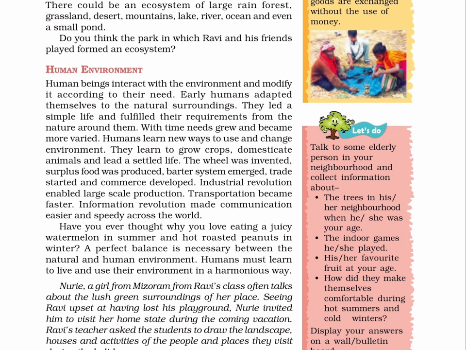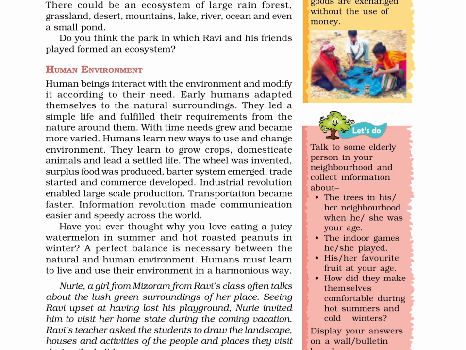With time, needs grew and became more varied. Humans learned new ways to use and change environment. They learned to grow crops, domesticate animals, and lead a settled life. The wheel was invented, surplus food was produced, barter system emerged, trade started, and commerce developed.